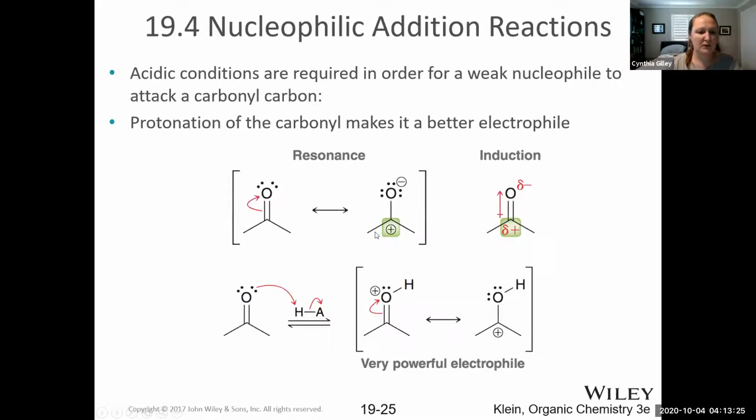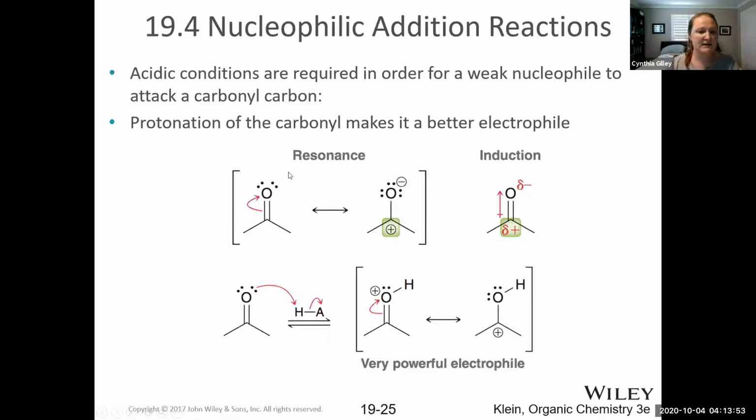Let's compare these resonance contributors to the resonance contributors that form from the activated carbonyl after proton transfer has taken place. We know that the true structure is a hybrid of these two, but not just a 50-50 hybrid. It's a weighted hybrid according to stability of the two resonance contributors.